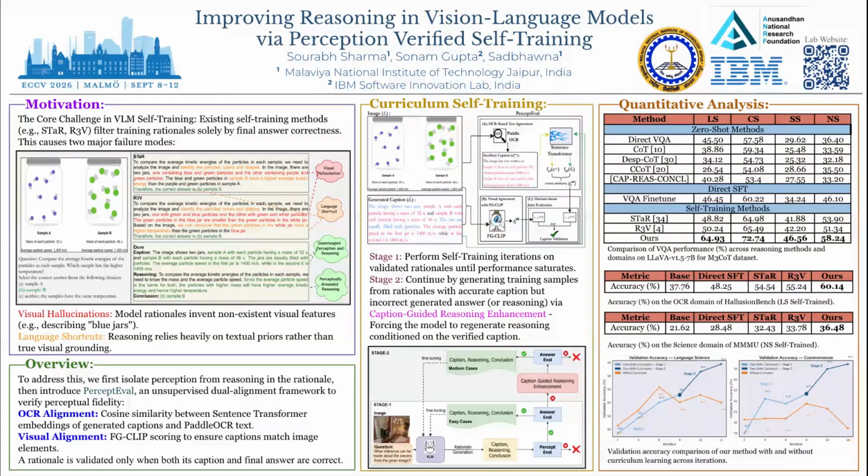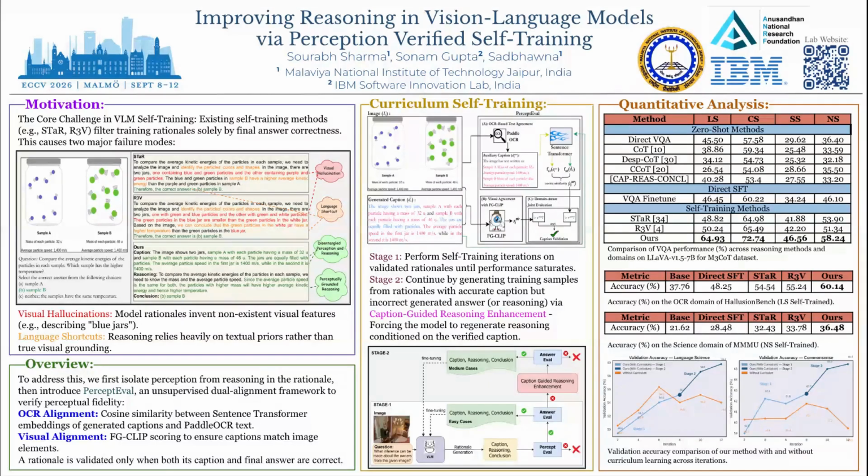Likewise, suppose there are domains which are heavy with visual details and OCR is very little, so it won't matter much to have the OCR in the predicted caption. So we can have the OCR threshold at the lower end and the visual threshold at the higher end. This is how, based on domain, we can adapt our thresholds, and hence our perceptual caption validation step.